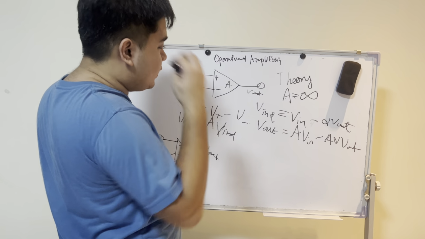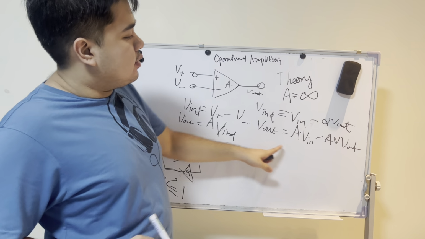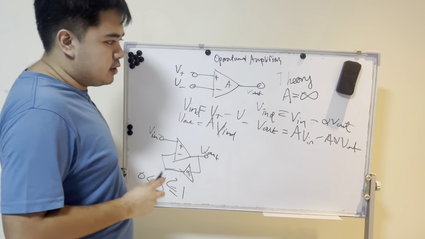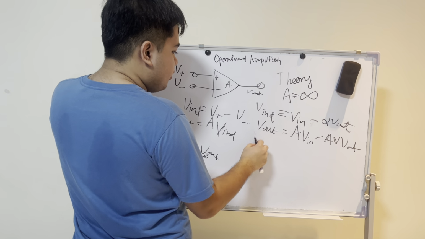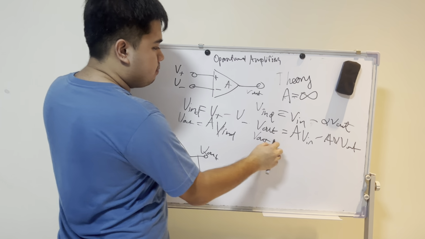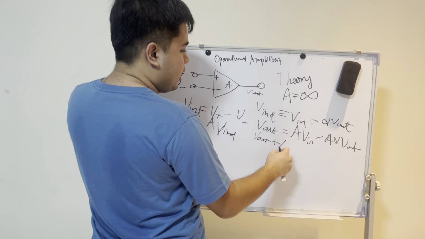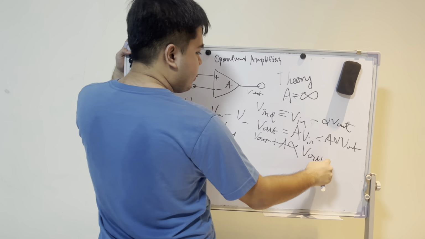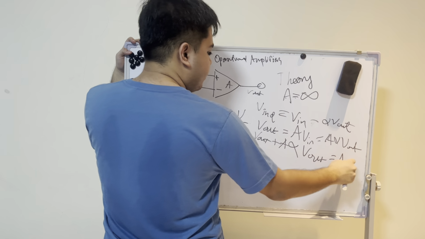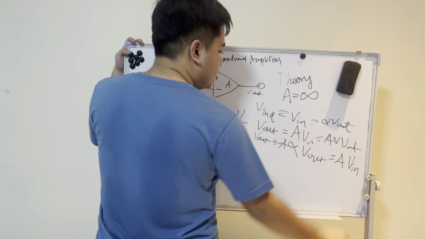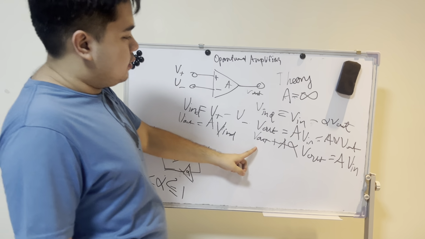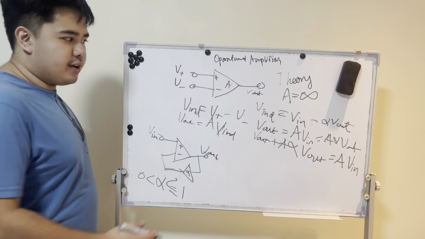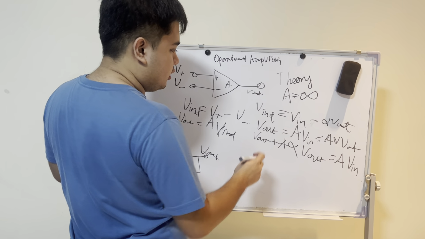Alright. So now that we have this equation, we can solve for V out to get just the output. Right? So, V out plus A alpha V out equals A V input. Alright. So in here we can factorize V out of both terms.